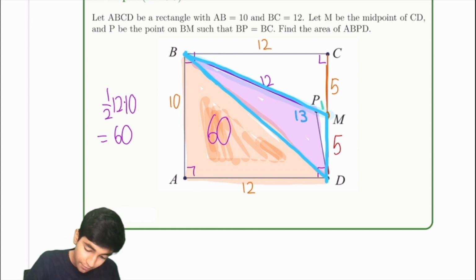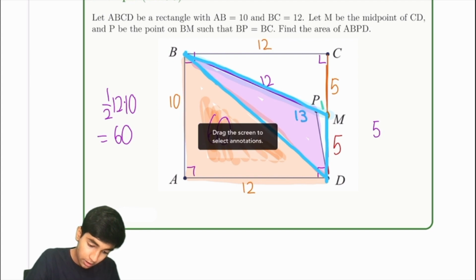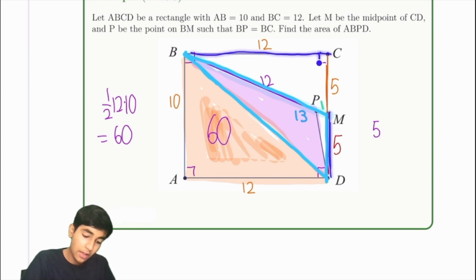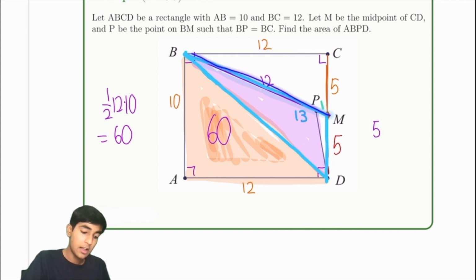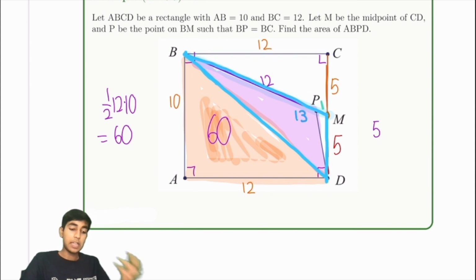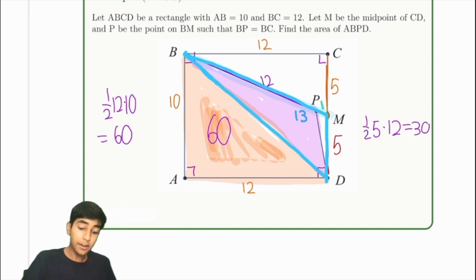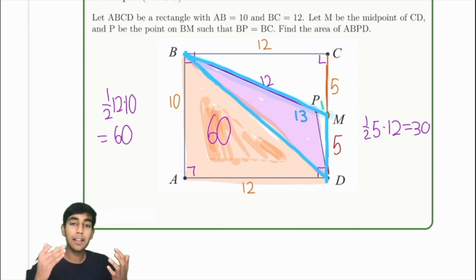The base is 5. This part over here is 5, and the height is 12, right? Because height is the one that forms 90-degree angles with it, not the whole segment here. So the height is 12 because it's the one that forms a 90-degree angle with MD. So half base times height, that's 30. The area of that blue triangle is indeed 30.